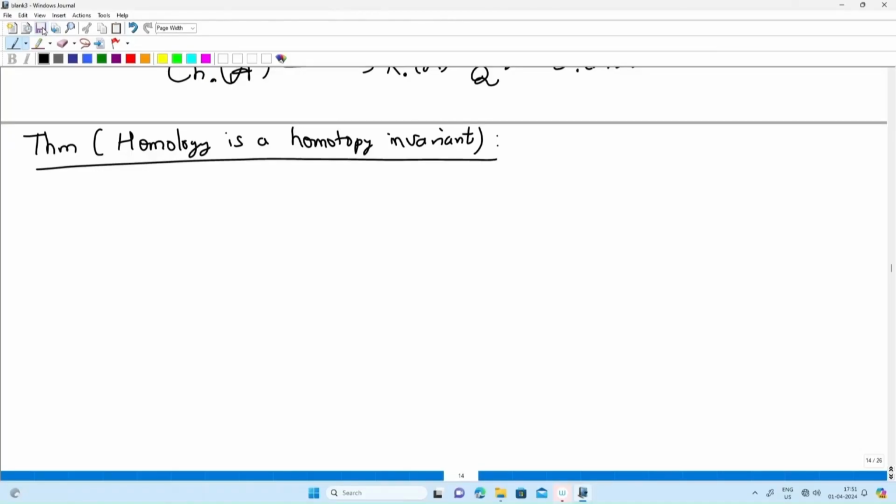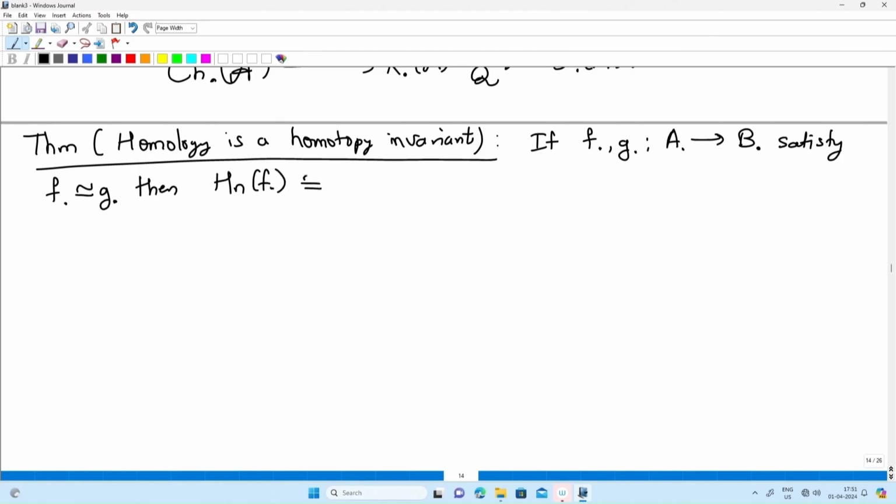Let me state it properly. If f dot and g dot are maps from A dot to B dot, satisfying f dot homotopy equivalent to g dot, then Hn f dot is equal to Hn g dot for each n.